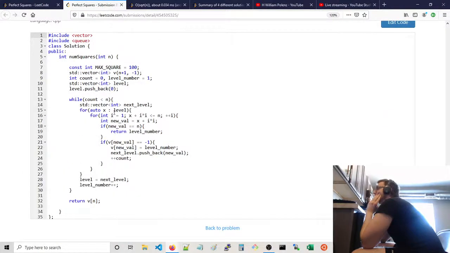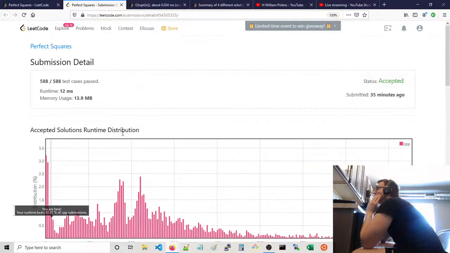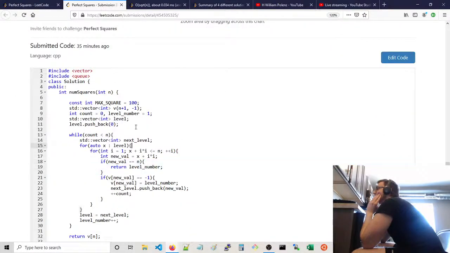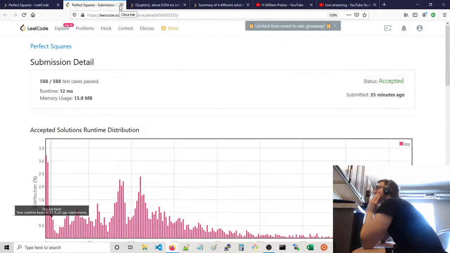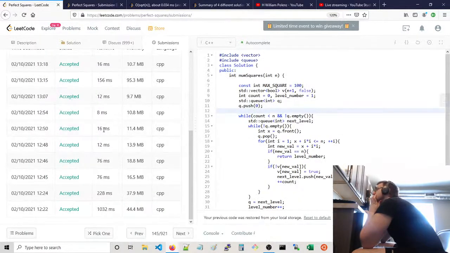Oh yeah, breadth first search with a terminate early. It's 12 milliseconds with the 8 milliseconds.